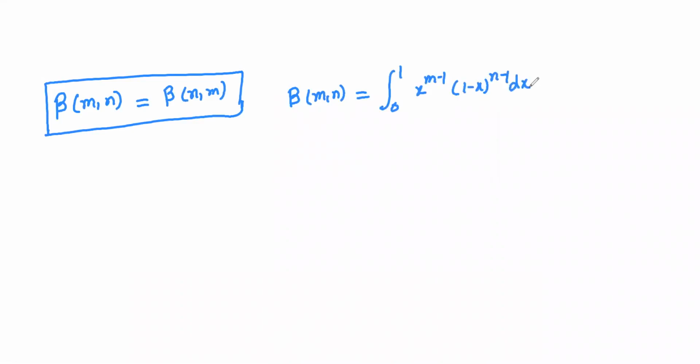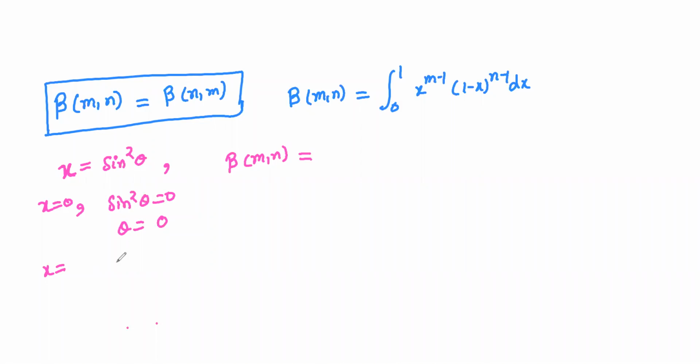Okay, so now if I will put x equal to sine square theta, what will be the value of beta(m, n)? So first at x equal to 0, sine square theta is 0, so theta will be 0, and when x equal to 1, it means sine theta is equal to 1, it means theta will be pi by 2.